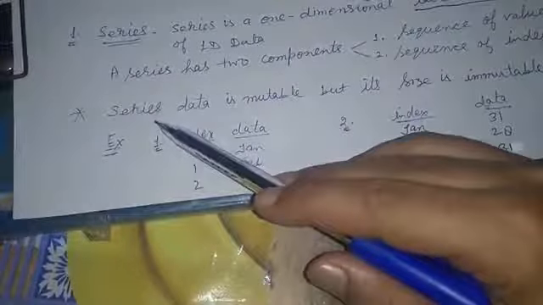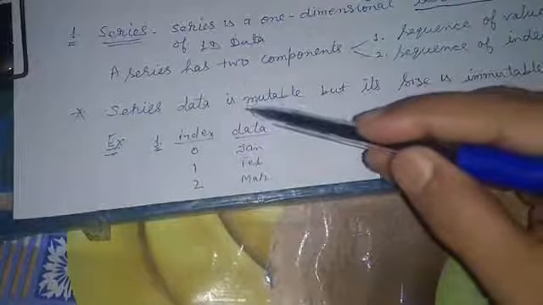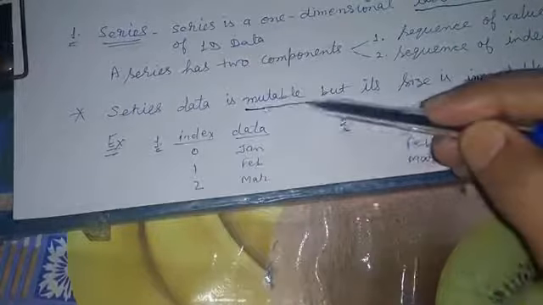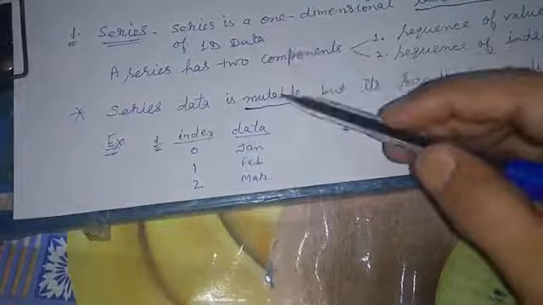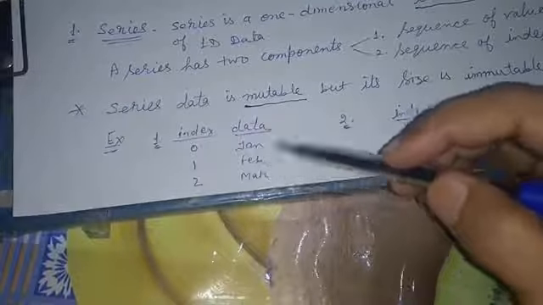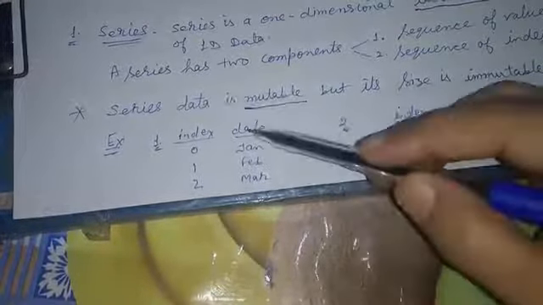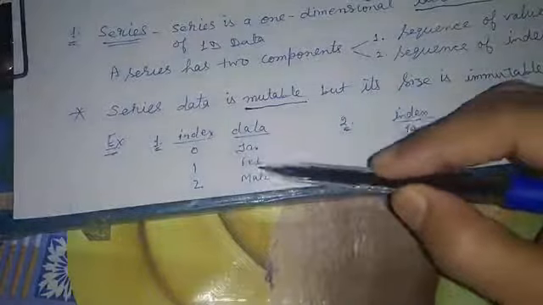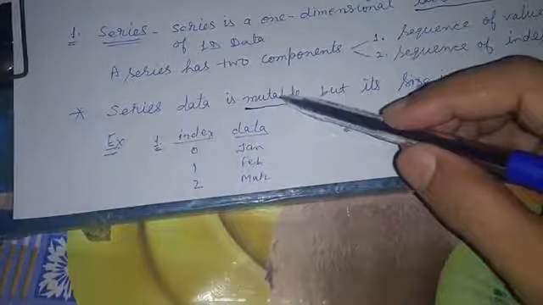Now the important thing about series is that series data is mutable. I am very sure that you understand the meaning of mutable and immutable. Mutable means you can change the data in place without creating a whole new object. You can change the data individually. This is called a mutable data structure.